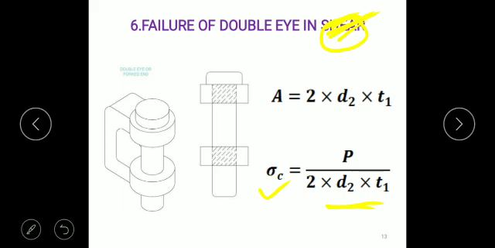That means either we can give the design check by calculating the induced stresses, or we can calculate the diameter. Whichever is the maximum diameter, we will select for that component of this knuckle joint. So that is for the double eye.